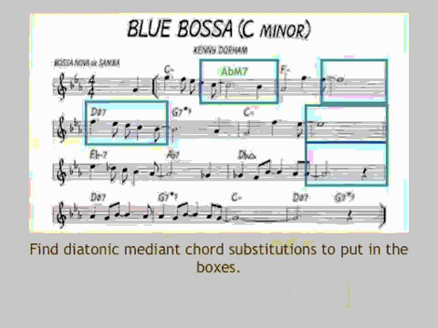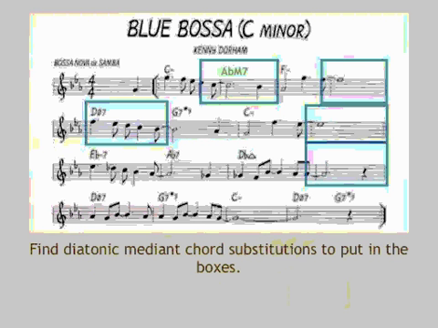What chord would be related to F minor that would be third related? In other words, where the root is related by a third and it shares the most possible common tones. So in this case, the answer would be either a D flat major 7 or an A flat major 7.